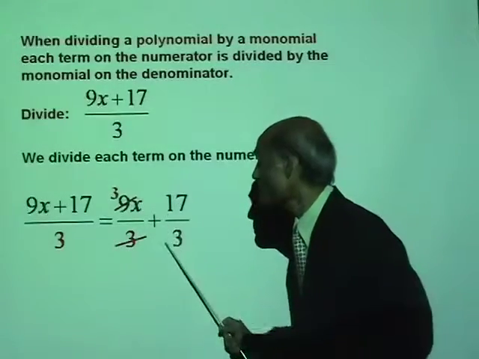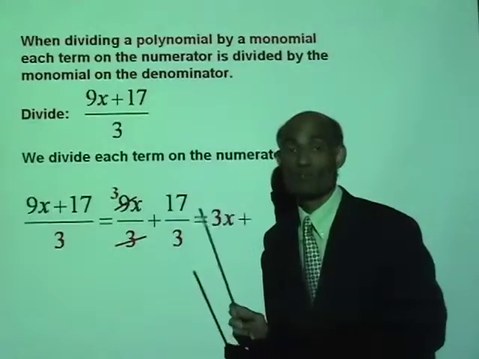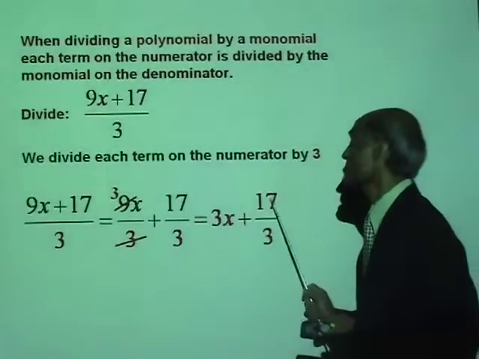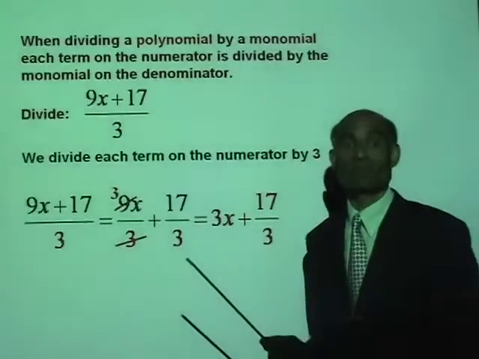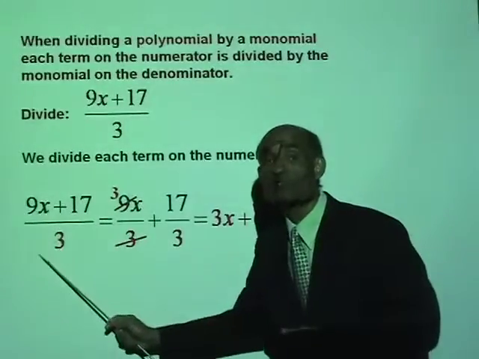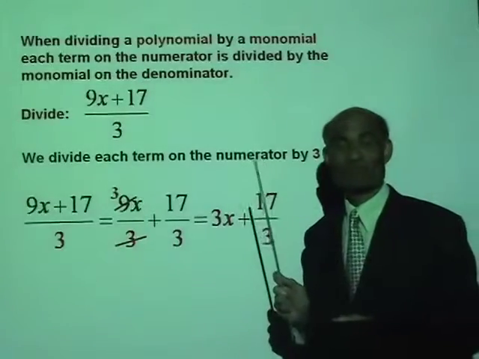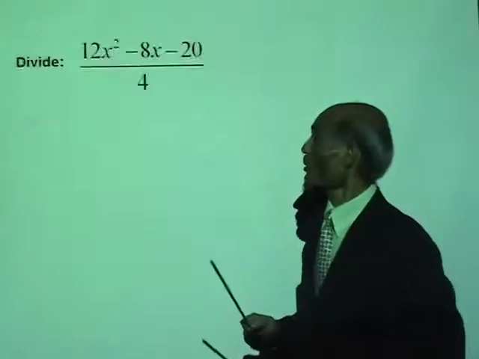Can you simplify 17 divided by 3? No. So the answer will be 3x plus 17 over 3. You've got to leave the answer like that. So dividing this binomial by this monomial gave us a binomial. I hope you understood the method. Let's practice with more examples.